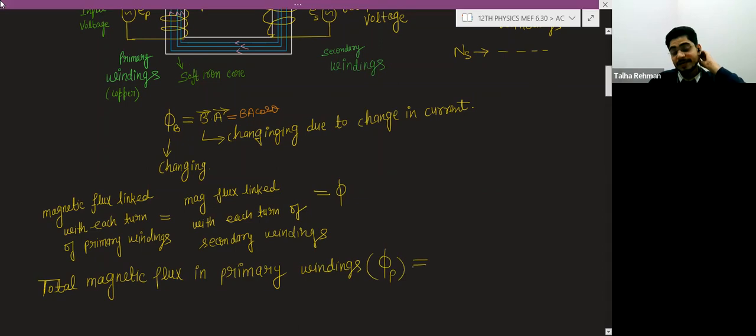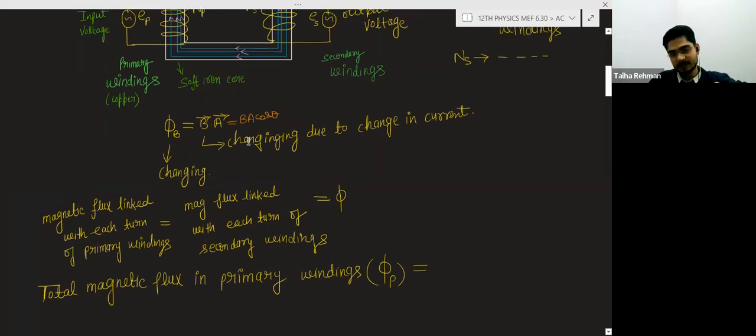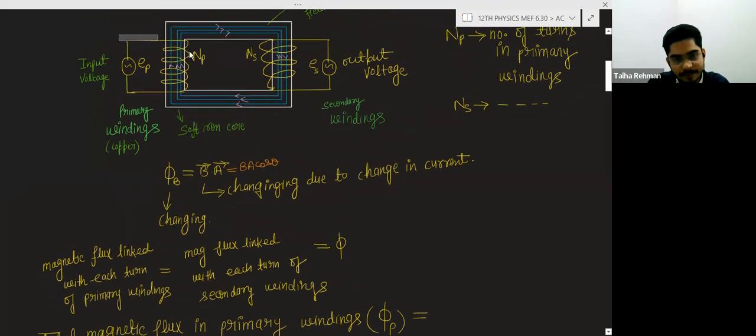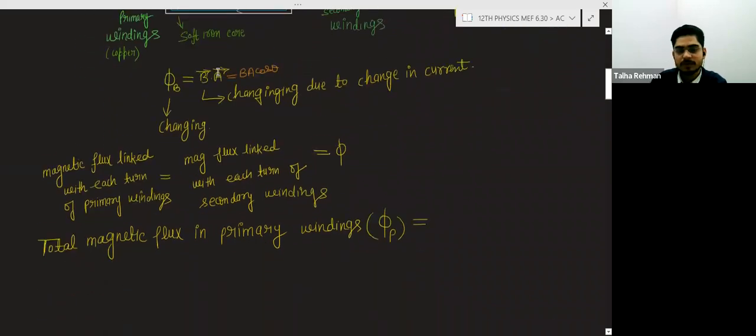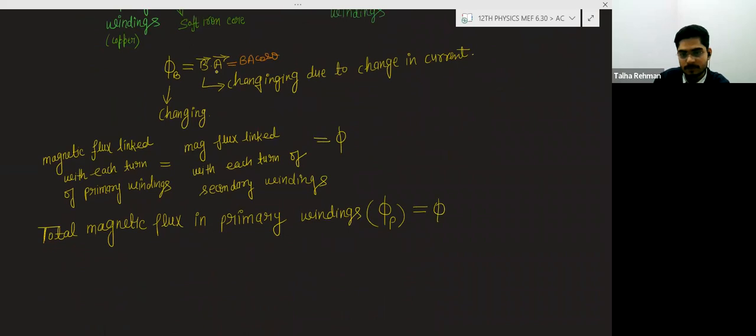See, this is the primary winding, the number of turns in it is Np, and in one turn of the primary winding the flux is phi. So the total flux in the primary winding will be phi into Np, or Np into phi: the number of turns in the primary winding times the flux linked with each turn.